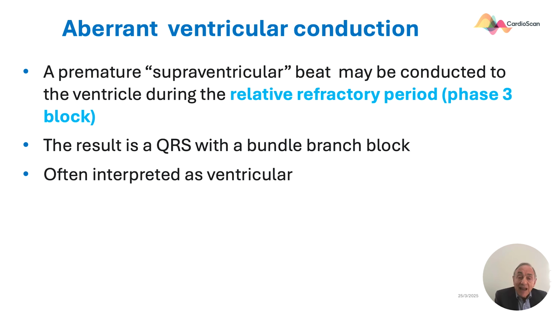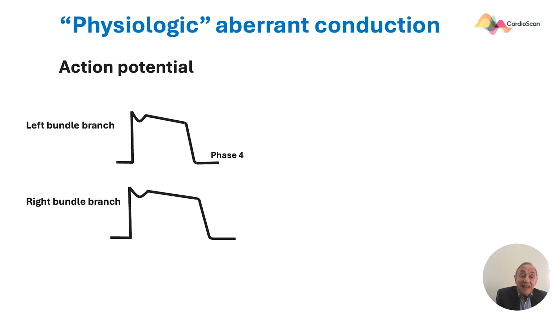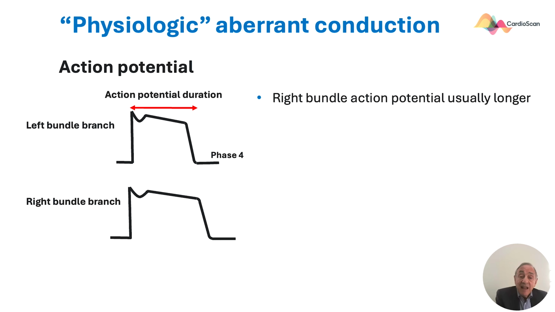So let us look at the refractory periods. Here we can see the physiologic aberrant conduction with the action potentials of both the left bundle branch and the right bundle branch. And it is quite obvious, we can see that the action potential of the right bundle branch is usually longer. This results in absolute refractory periods being different for the left bundle branch and the right bundle branch, which is longer.